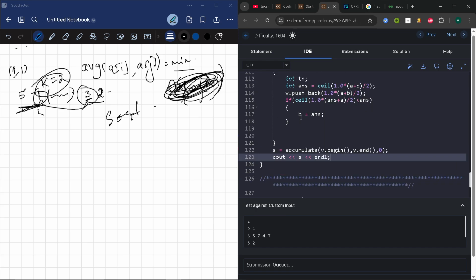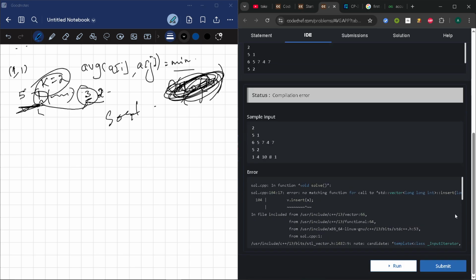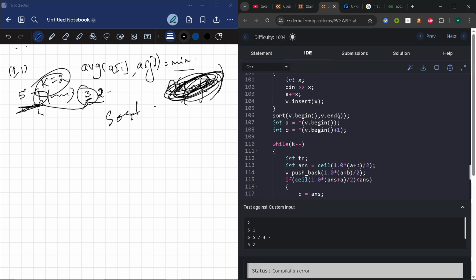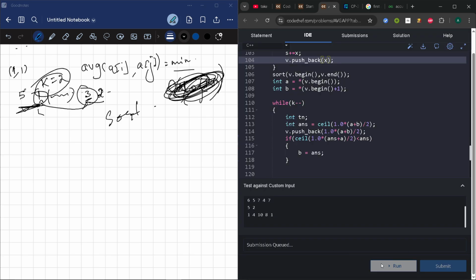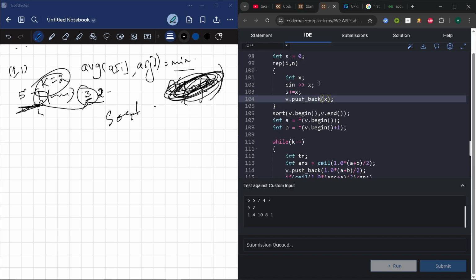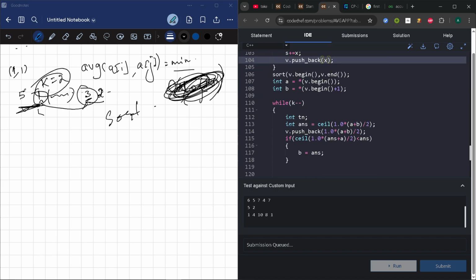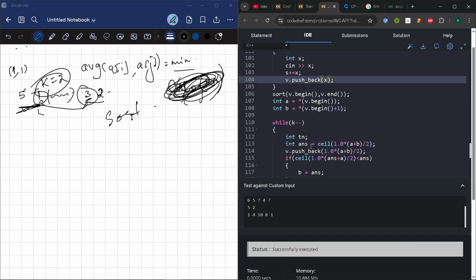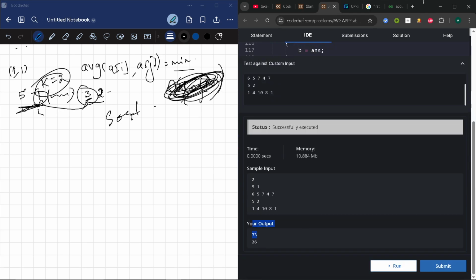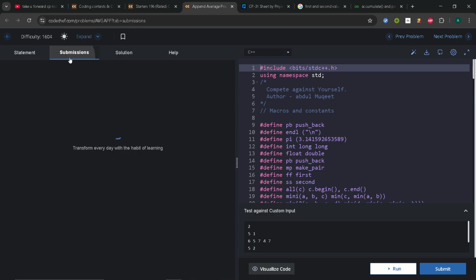Let's try doing this. Compilation error. Insert. Okay. 33 and 26.